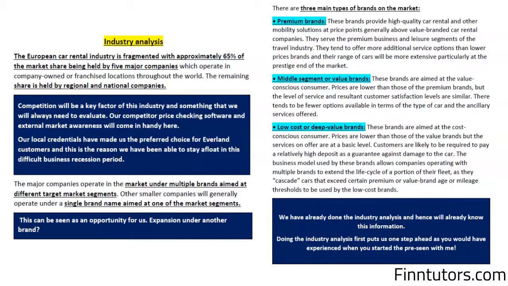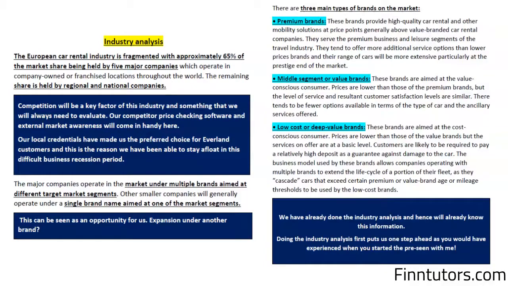Small companies generally have one brand name under which they sell everything. So this can be seen as an opportunity for us. If we are looking to expand, we can look at creating a new brand that deals with the economic car rentals, because we are not currently in that industry, right?